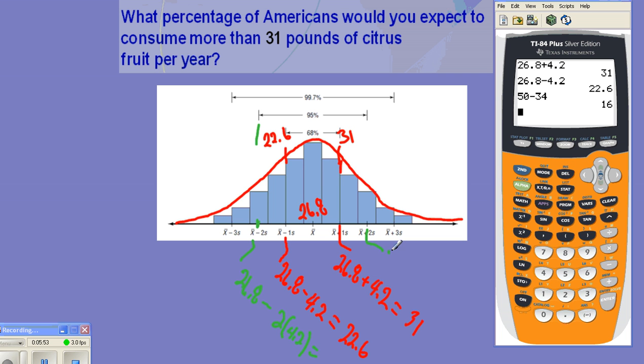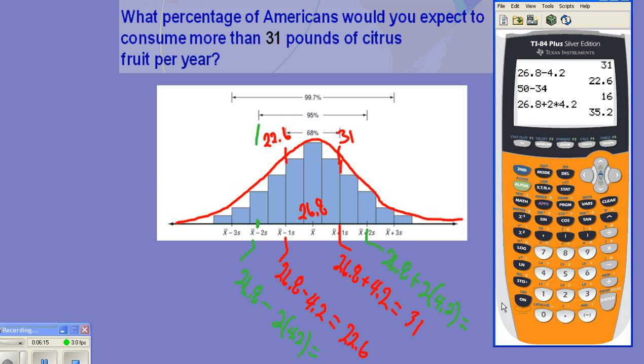And when I go above, I'm going to take my 26.8, but I'm going to add 2 standard deviations to it. So when I do the above, I get 26.8 plus 2 times 4.2.